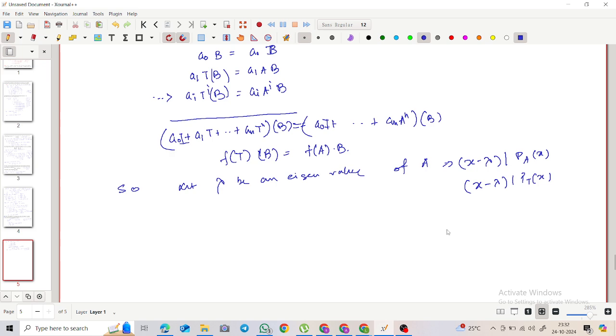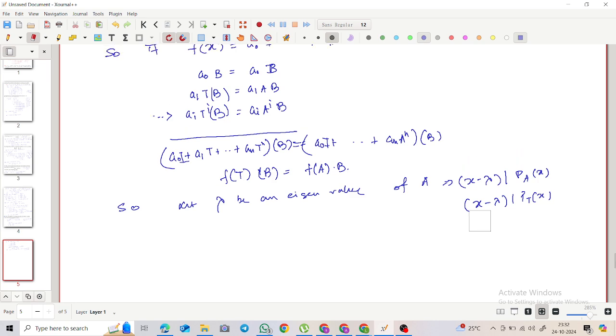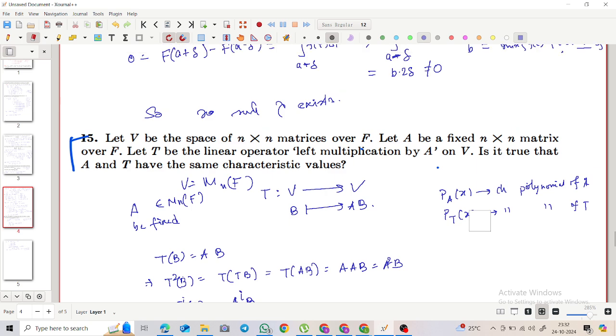Sir, can we approach this problem in a way that the two matrices will be similar? No, they are never similar, because one thing you are not taking into account: A is an n cross n matrix, and T is a linear transformation.